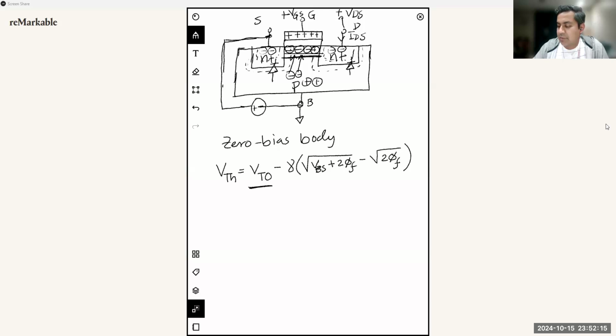But as soon as you have a voltage difference between the body and the source terminal, then you will have a positive term here minus this 2 phi F, which is obviously smaller than this term. Then you have a positive number that multiplies with this constant gamma. And this gamma is called the body effect parameter.